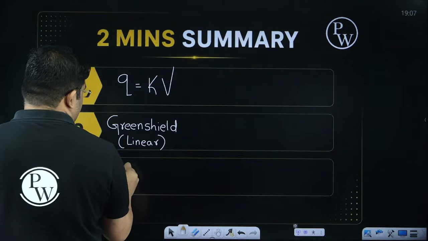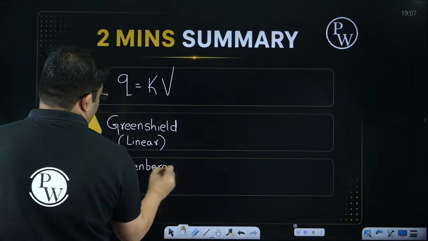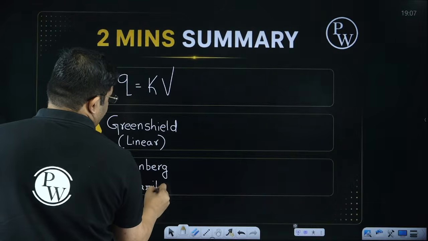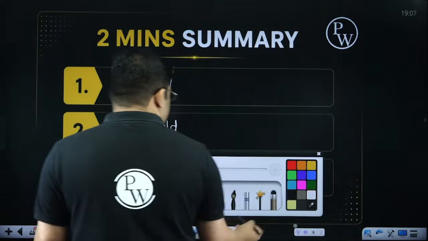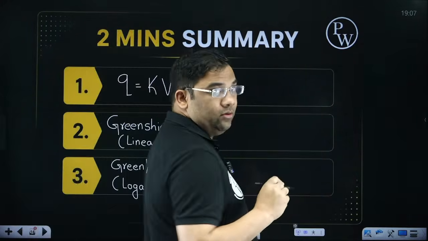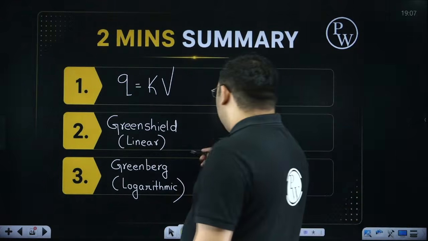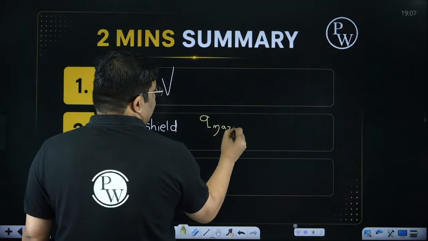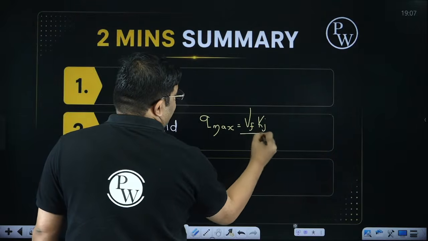Then we have Greenberg, which is the logarithmic model. Then we saw that in Greenshields the maximum flow was simply Vf into Kj by 4.